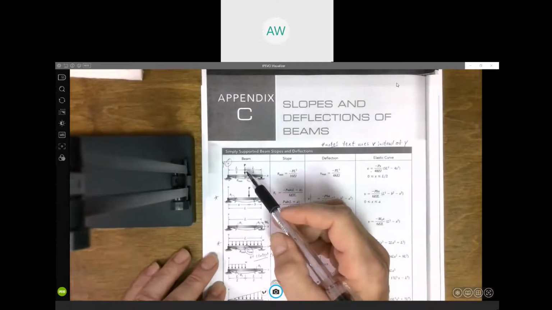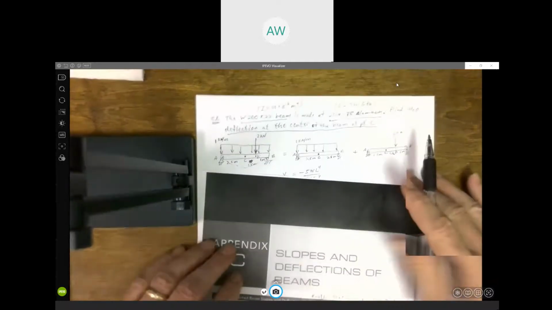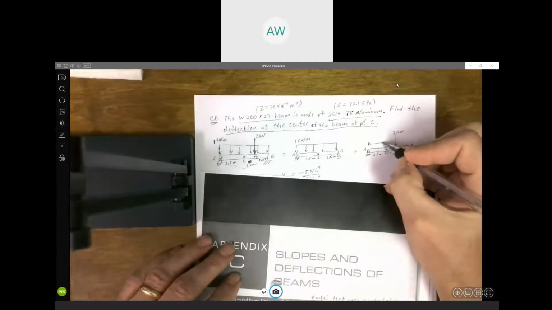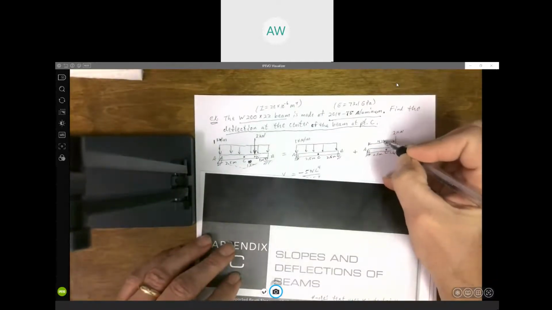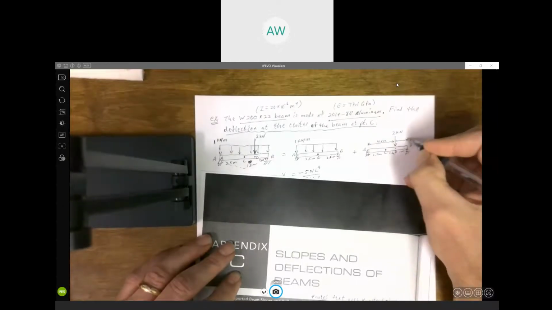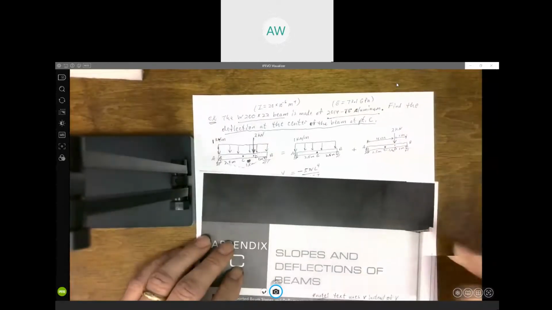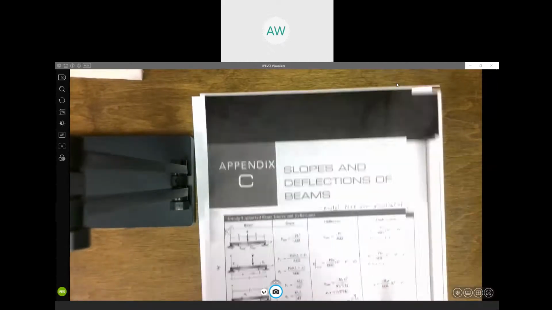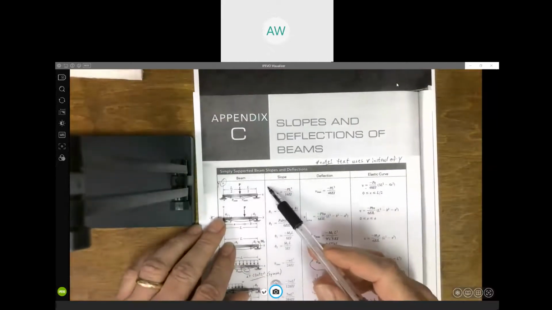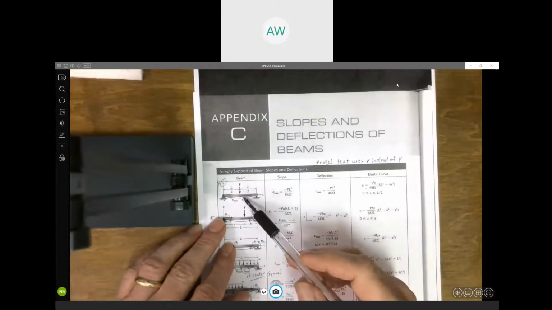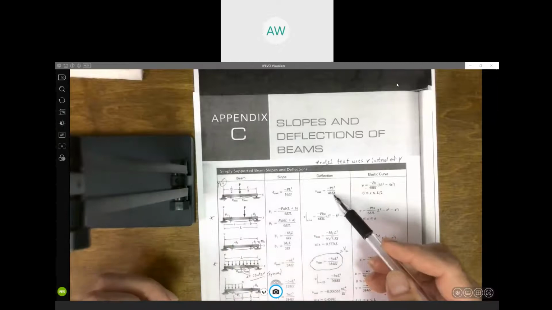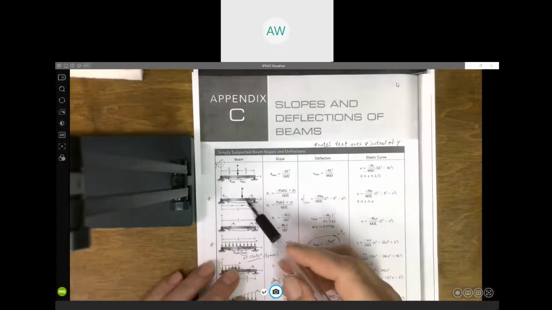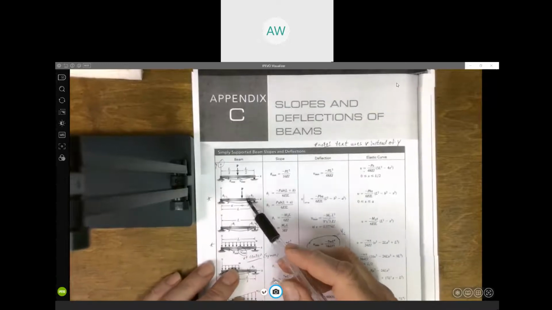That force was applied, this is 4 meters. This is 1 meter. That force is not right in the middle. Now, if it was in the middle, we could use this one, and we know we're going to get the maximum deflection at the center, and we could use this formula. But the fact that our force P is not applied at the center, we've got to use this case.